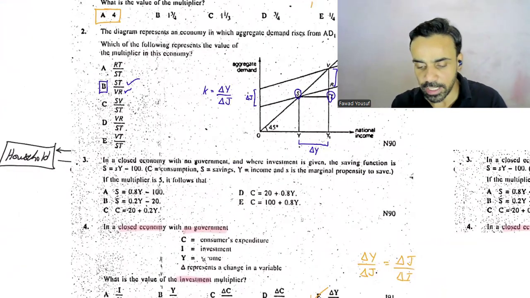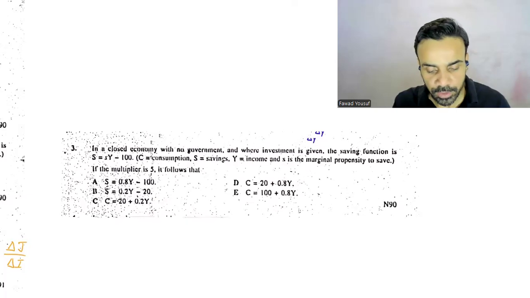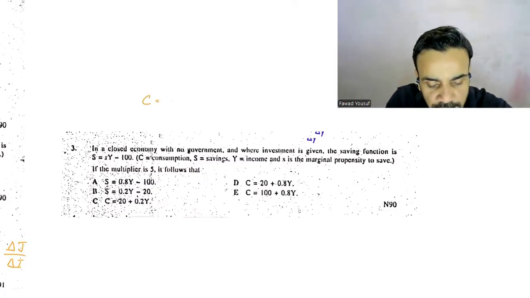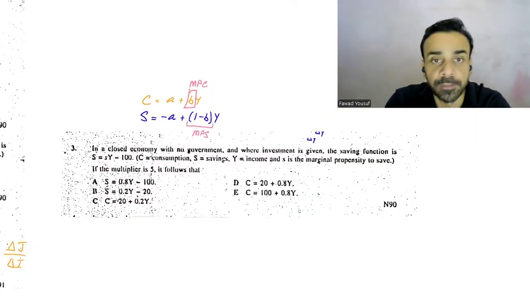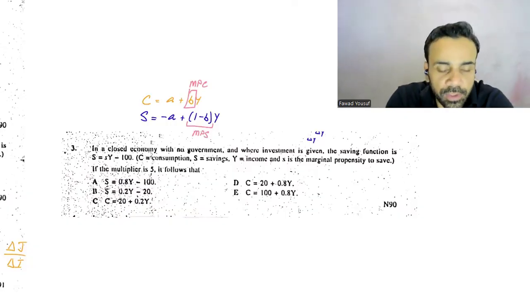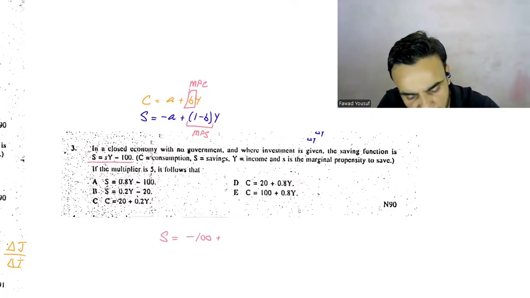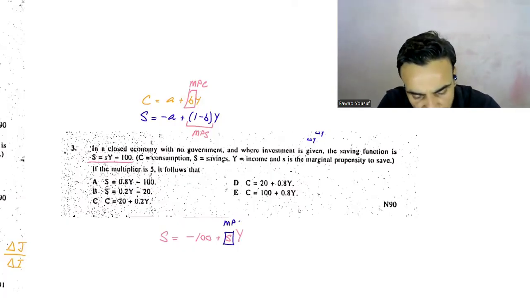The first few lectures के अंदर I spoke about these equations. कि हमने एक equation बनाई थी, consumption is A plus BY, और हमने कहा था savings is equals to minus A plus 1 minus BY, where this B was MPC, and when you do 1 minus B, you get MPS, right? इस क्वेश्चन में अगर आप देखें तो उन्होंने आपको सेविंग्स की इक्वेशन दी है, which is savings is equals to minus 100 plus SY. हमें पता है ये जो S यहां लिखा हुआ है ये MPS है.